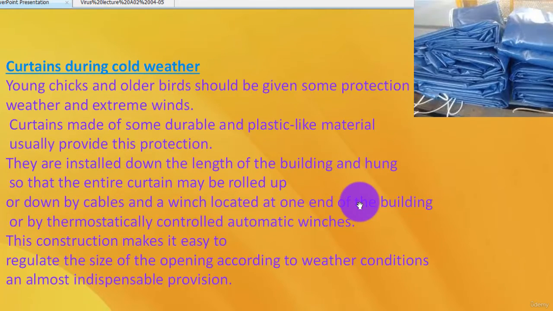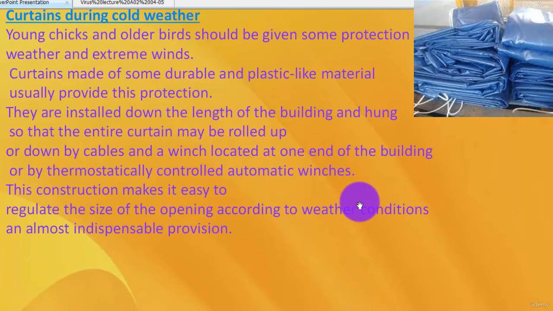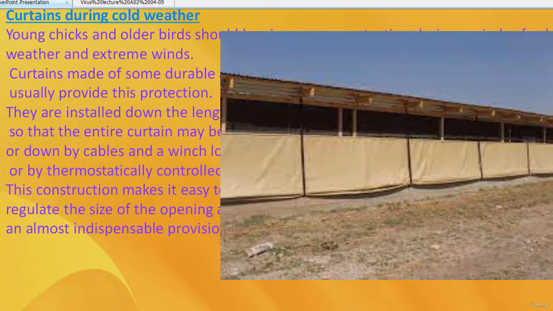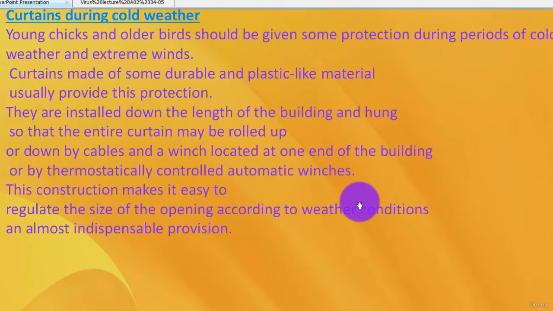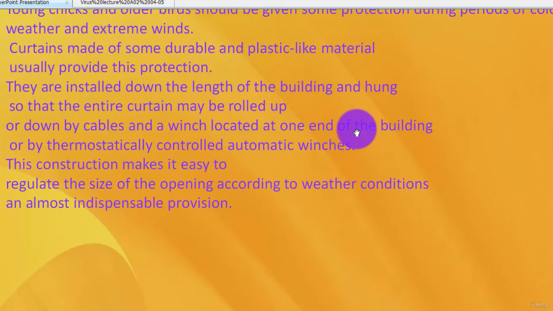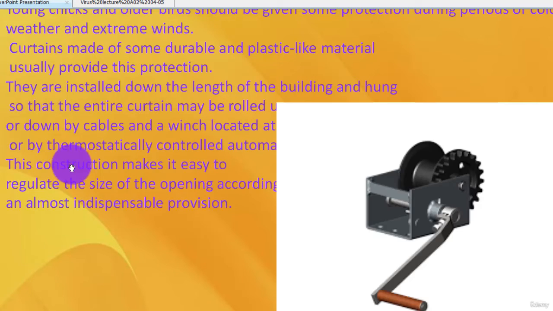Curtains during cold weather. Young chicks and the older birds should be given some protection during a period of cold weather and extreme winds. Curtains made of some durable plastic-like material usually provide this protection, and they are installed down the length of the building and hung so that the entire curtain may be rolled up or down by cables and winches located at one end of the building, or by thermostatically controlled automatic winches.